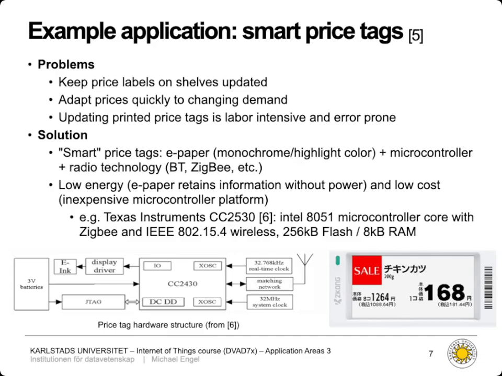And one thing that very often has to be kept up to date nowadays is prices. Back in the old days, usually you had a price tag on each of your articles. There was a person going around with a machine that dispensed price tags.